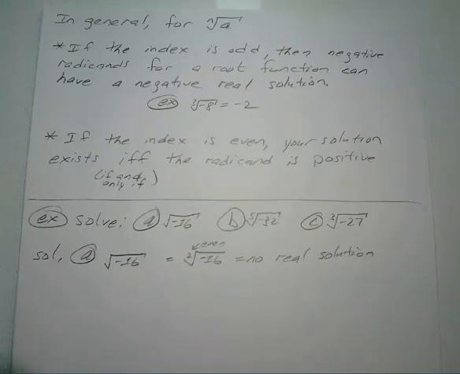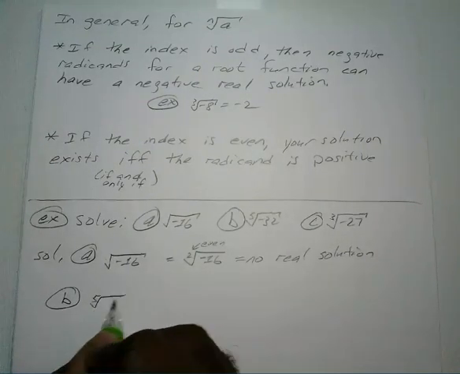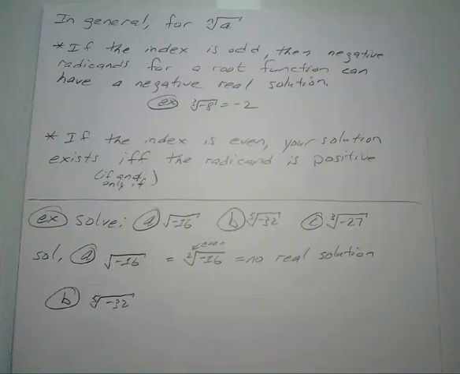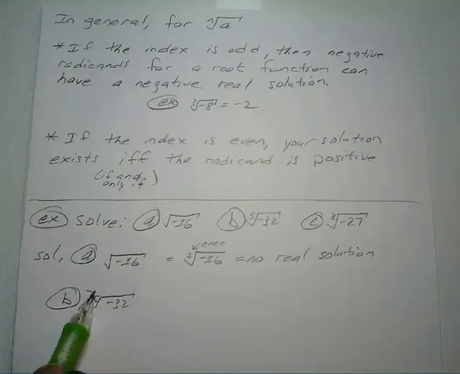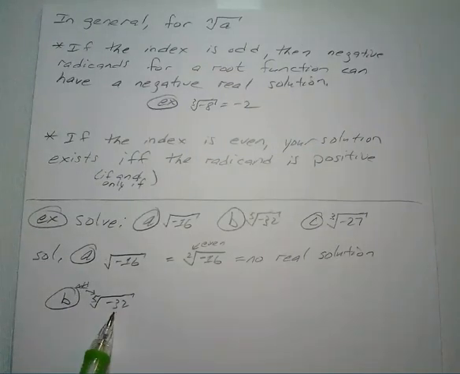Okay, now for problem B, the fifth root of negative 32. Now remember, this index is odd. So your radicand can be negative, and you'll be okay. You could have a negative solution or positive solution depending on what it is.